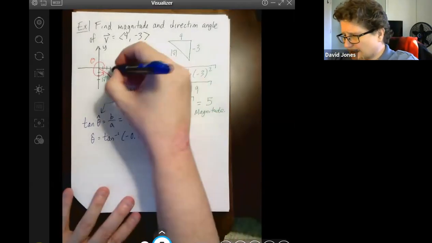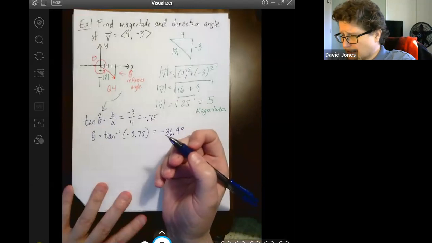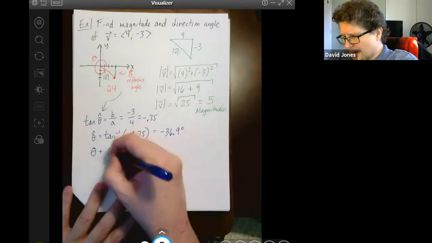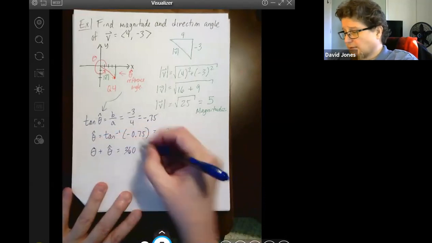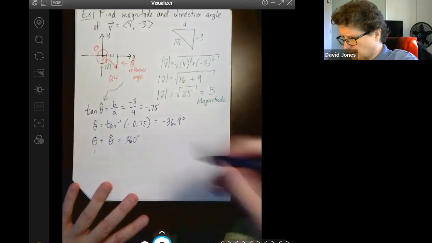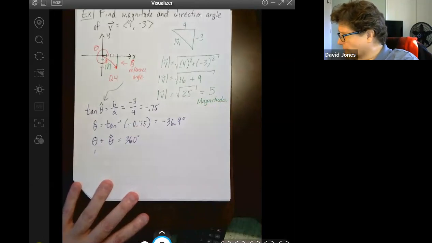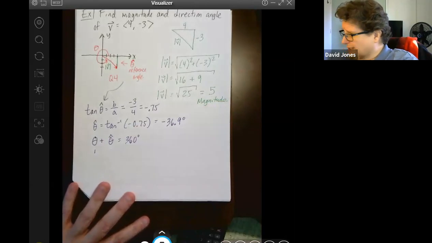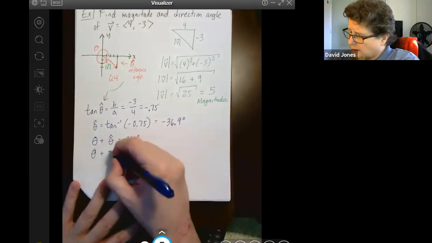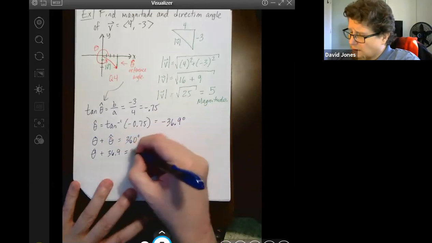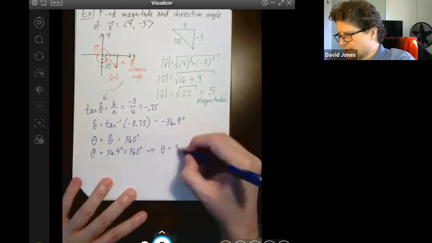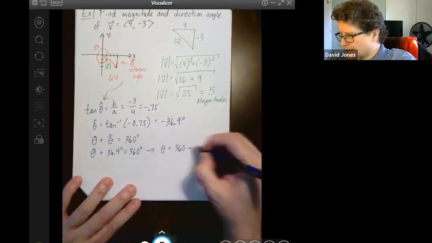That's theta hat. So what's theta? Theta plus theta hat have to add up to 360. So if we treat that as a positive angle, we get theta equals 360 degrees minus 36.9 degrees.